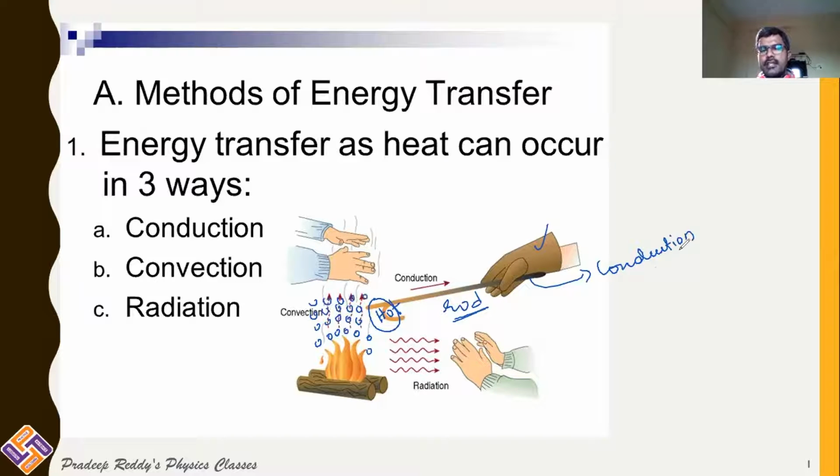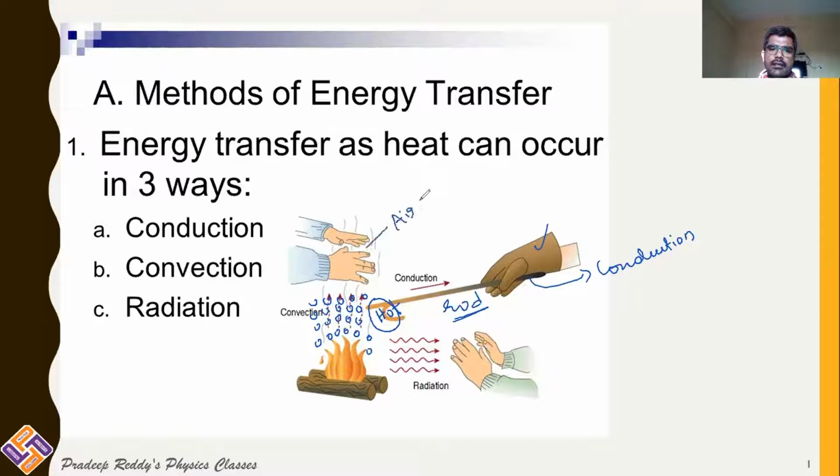As their volume increases, they become less dense. As they become less dense, they rise up. You can feel these rising gas molecules with your hands when you place them above the fire. That is the process of convection.